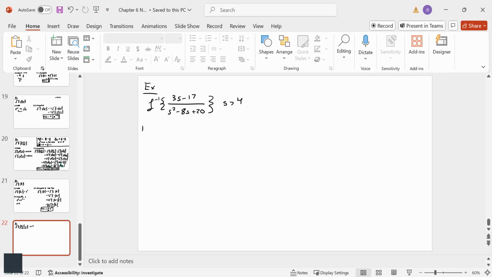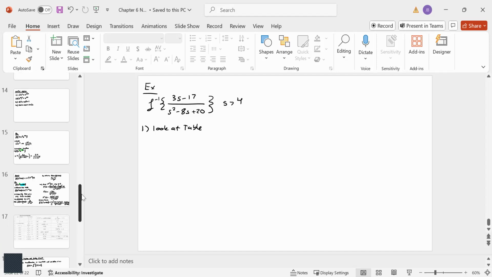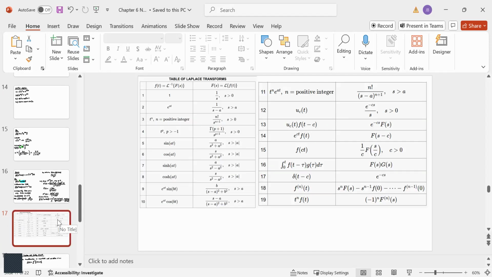So step one is to look at the table. This is where it gets interesting, because just looking at it, if you look at our table, you don't really see anything that captures it, right? But you can think to yourself, well, I can eliminate the things that it's not going to be.